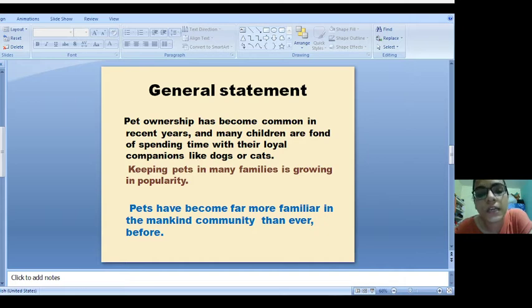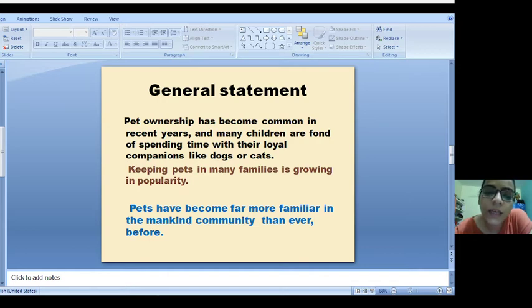So the general statement, that is the introductory statement to the essay, would be: pet ownership has become common in recent years, and many children are fond of spending time with their loyal companions like dogs and cats. I have introduced my topic in the general statement. Another way of saying it: keeping pets in many families is growing in popularity.